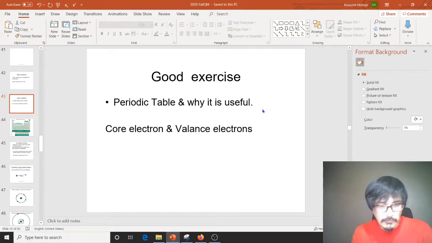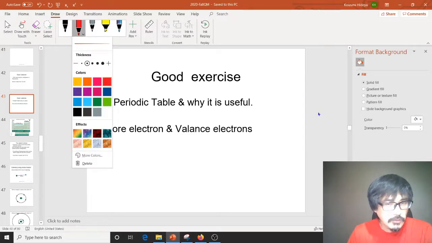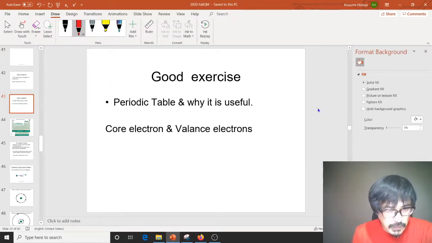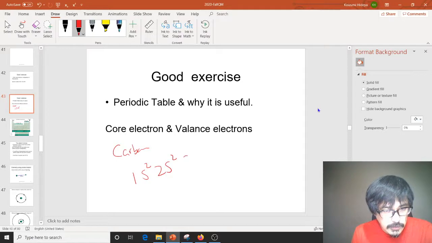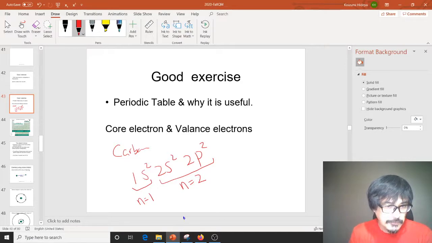So carbon, for example, let me just start out with the carbon atom. The carbon electronic configuration is 1s2, 2s2, 2p2, right? Because carbon has 6 electrons. Now, this one right here is n equals 1, and these 4 electrons are n equals 2.